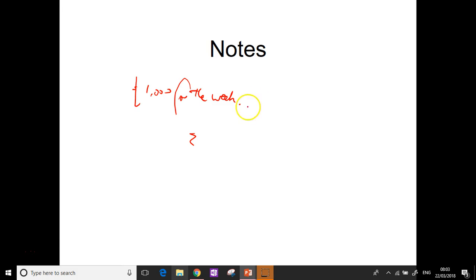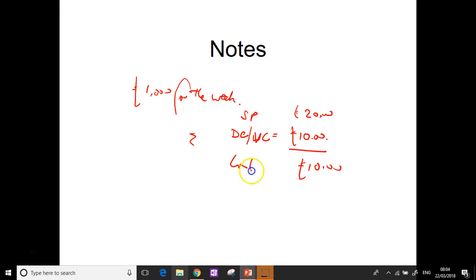And I said the variable cost, or the direct cost, of actually making the portion of chips was £10. And then I said that you could sell this portion of chips for £20, which gave you what we refer to as a contribution of £10. And then I asked you how many portions would I need to sell in order to meet my fixed cost, and you said, well, that's pretty obvious.